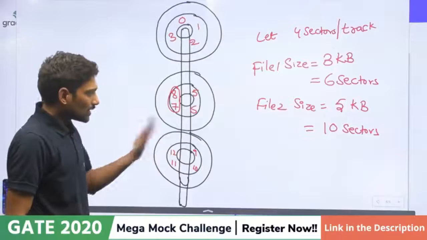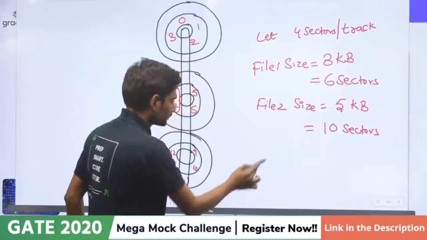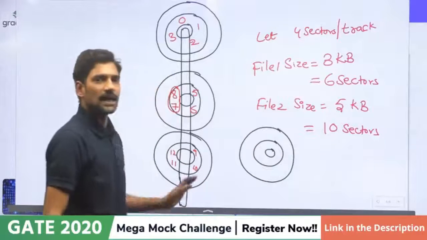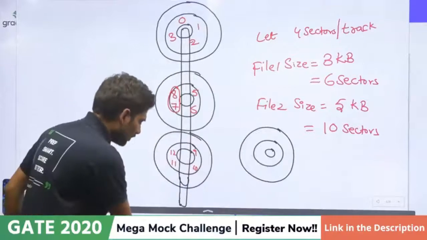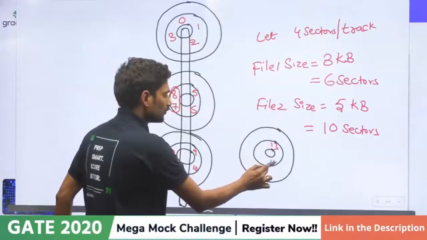Assume there is another surface. This is the other surface. Just understand there is a connection. Now, what would be the next one?